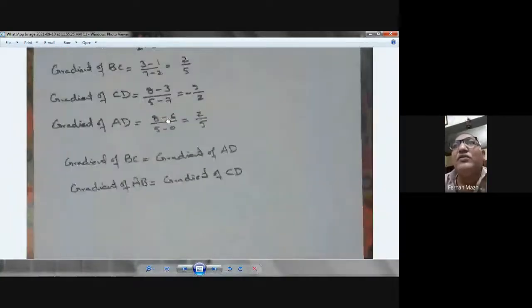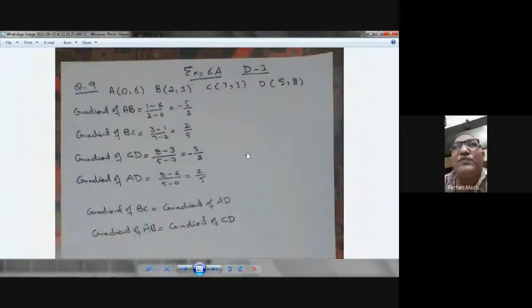Okay, so let me show you quickly. Yeah, here we go. So I'm not going to explain it. You can see that the four points are given: A, B, C, D. Find the gradient of the AB using the A and B points.